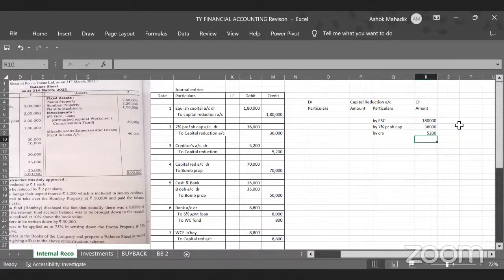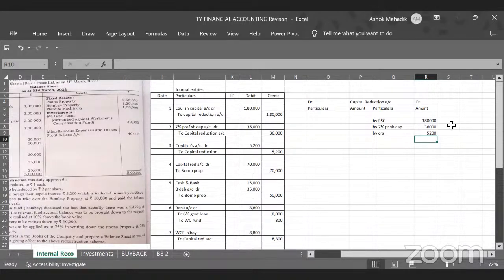Always remember the main thing is that you should understand when capital reduction account is to be debited in an entry or credited. Okay. So whenever there is a loss, capital reduction will be debited, and that item which is causing the loss will be credited. Okay. If some profit entry is given, capital reduction will go to credit, and that item will go to debit.